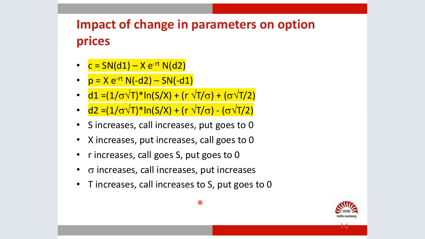So all three are positive, and you are subtracting a positive number from that. But if the minimum you are subtracting is 0, therefore the value of the call increases.